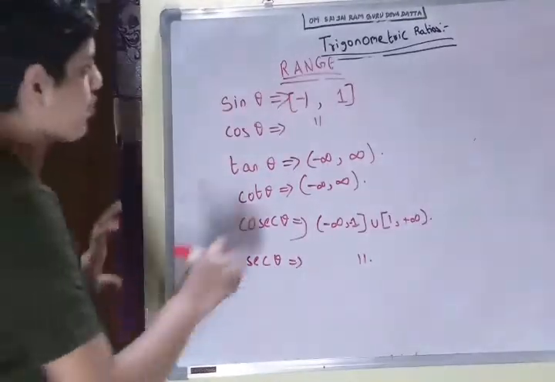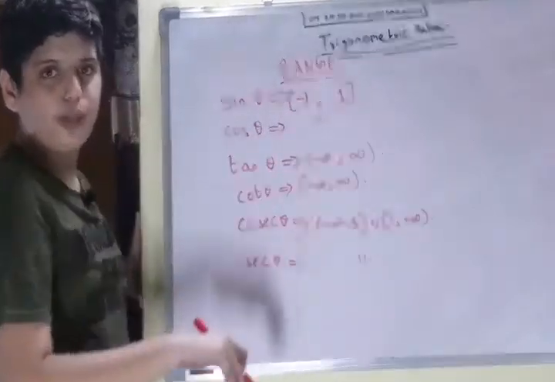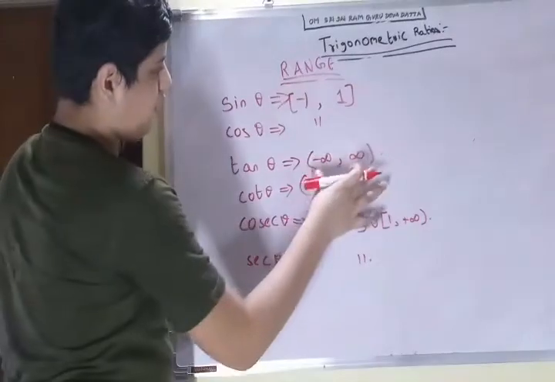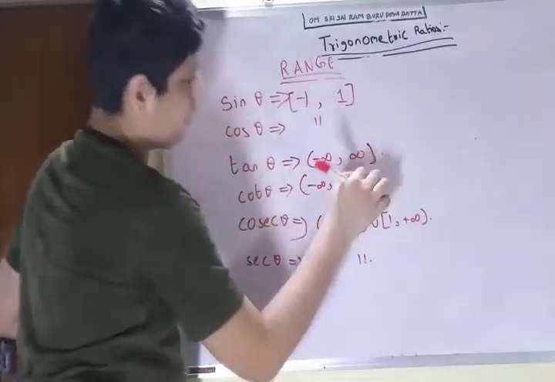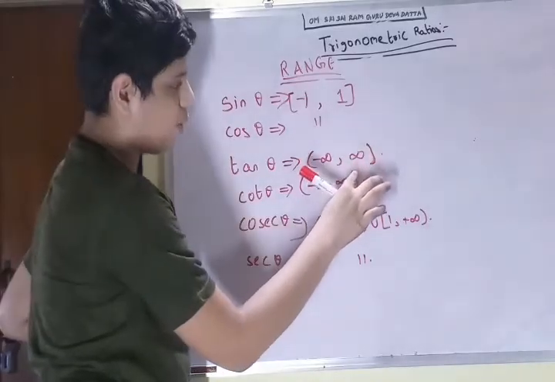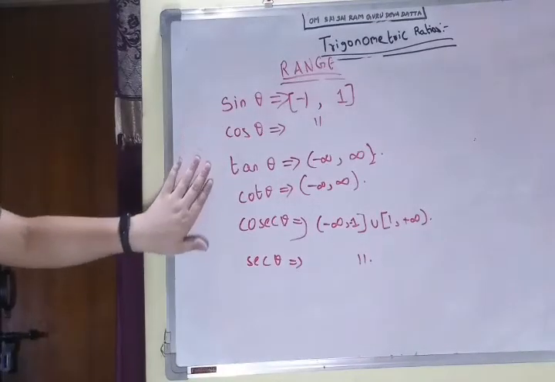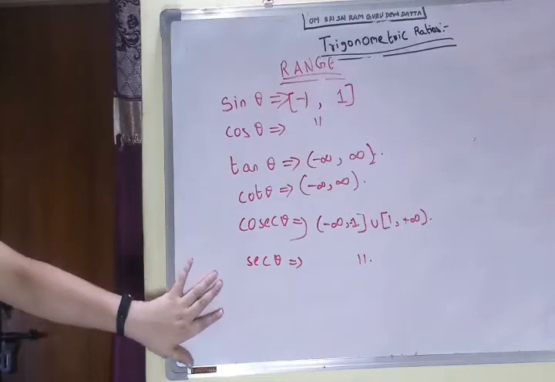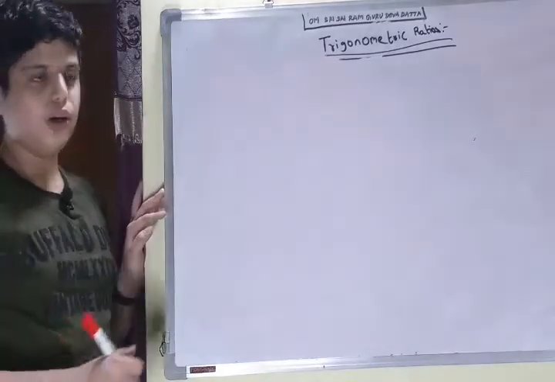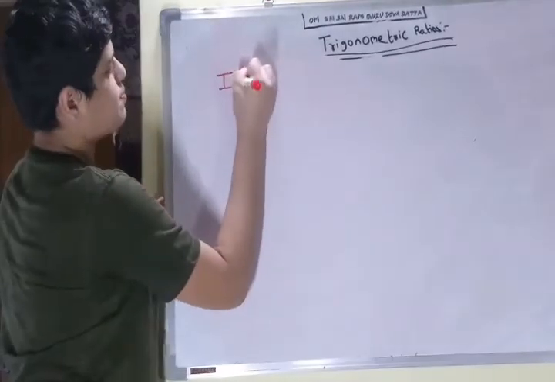That means minus 1 is also counted and 1 is also counted in this one. If I have kept this type of bracket, then the ending value will not count. So please copy this down, then I will tell some identities. Okay, now let us discuss identities.